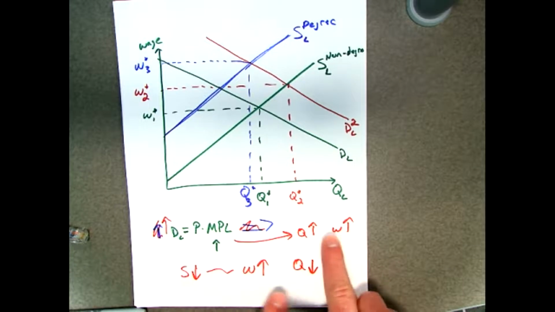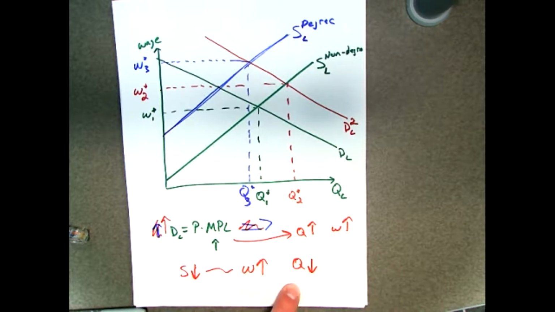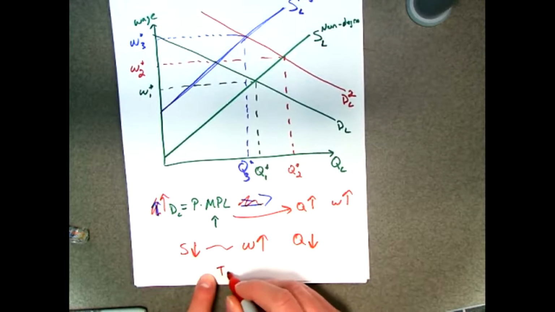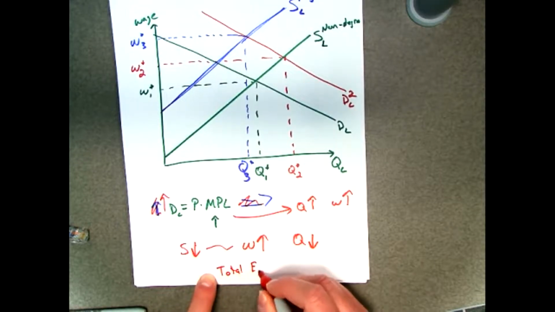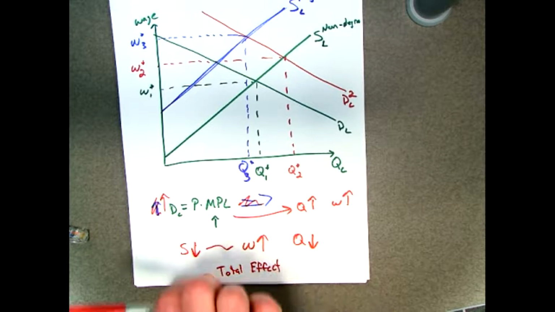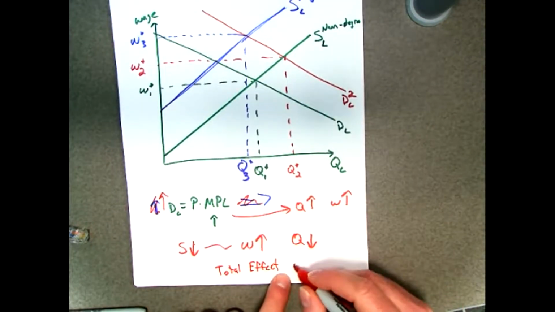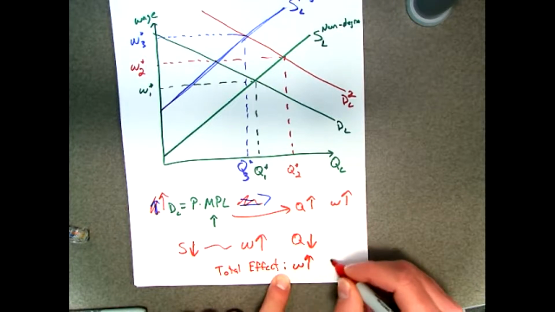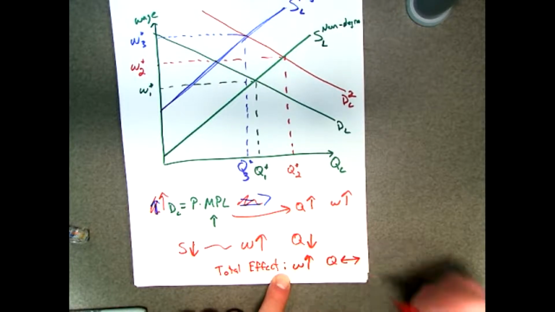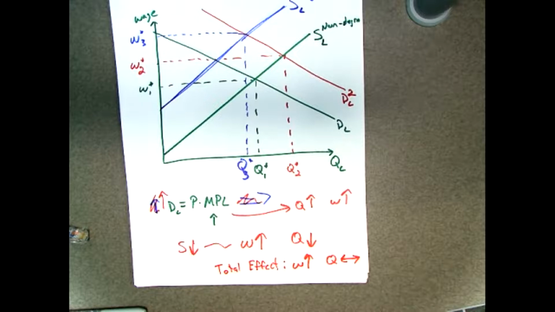They're both driving up wage, pushing quantity in other directions. So what we could say is our total effect of getting a degree, it shifted my demand curve and put me in a group where there's a lower supply. The total effect would be that wages go up, but we can't really say what happened to quantity, right? It depends on the size of those shifts.